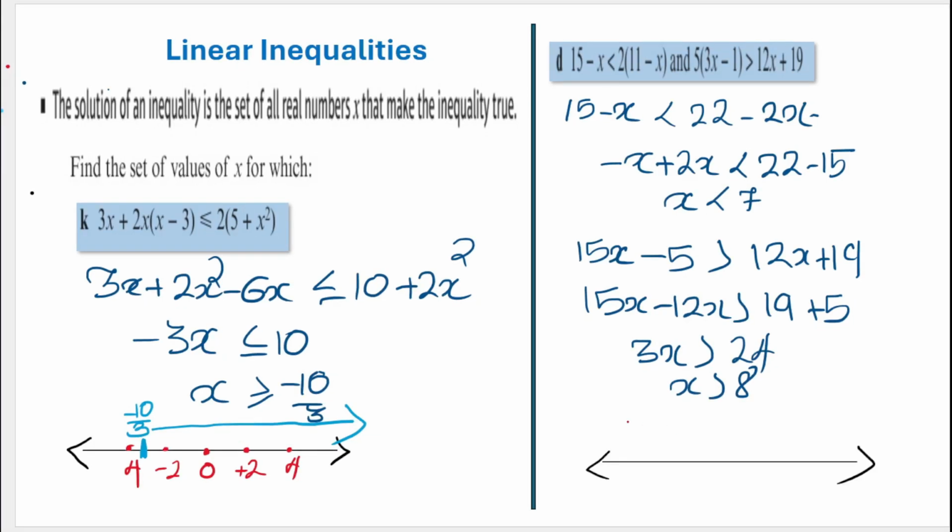Now let us try to represent the two inequalities on the number line. Now mark the point x equal to 7.